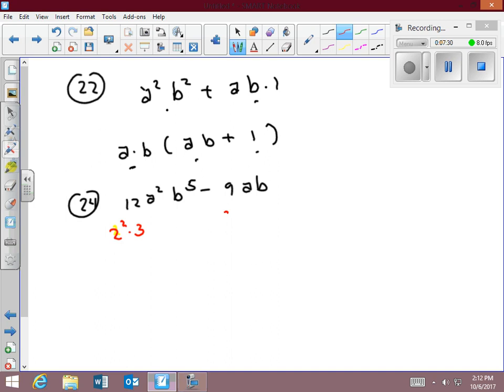And the 9 is 3 squared. Now what's numerical coefficient? What's common? 1 3, right? So if 1 3 comes out. Now what's left in that first one in terms of numerical? Well, I better look at this. In terms of variables, what's common in this term?